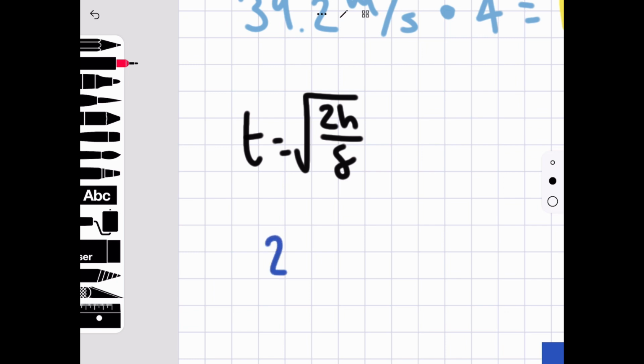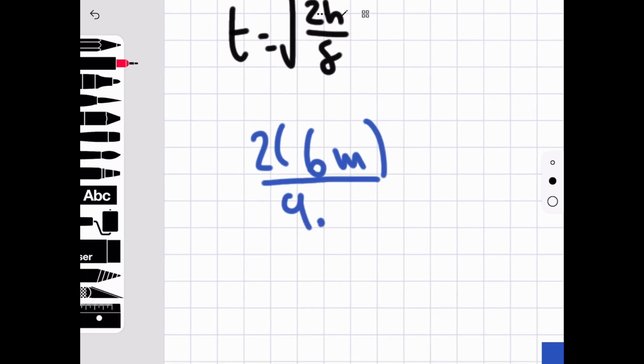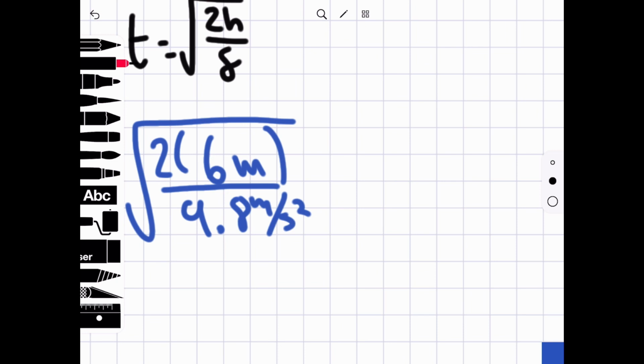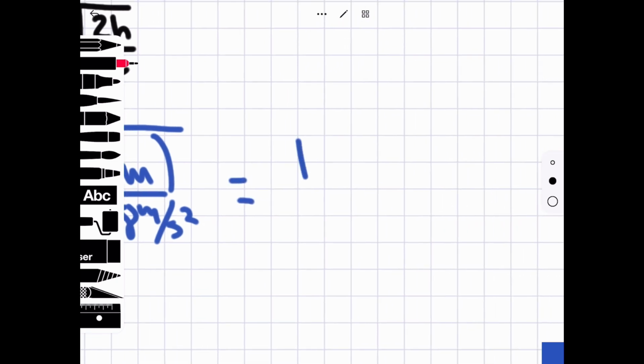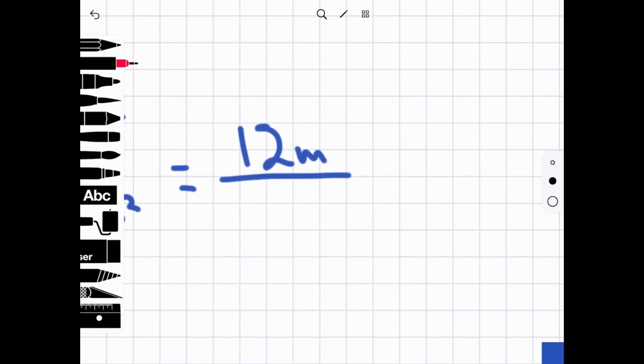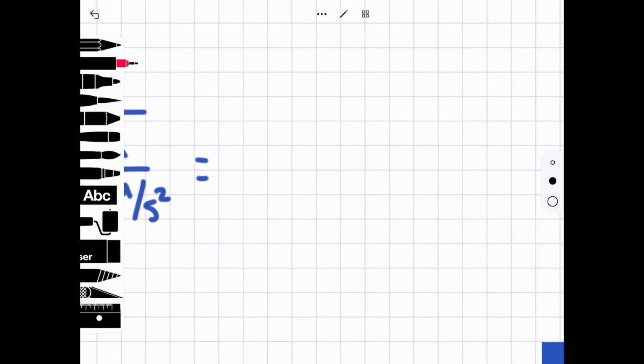Okay, and then the height is 6 meters, so 2 multiplied by 6 meters divided by 9.8 meters divided by seconds squared, inside of the root, and then that's equal to 12 meters divided by 9.8 meters divided by seconds squared inside of the root, and that's equal to the root of 1.22 seconds squared.